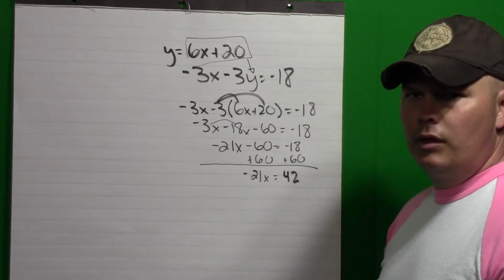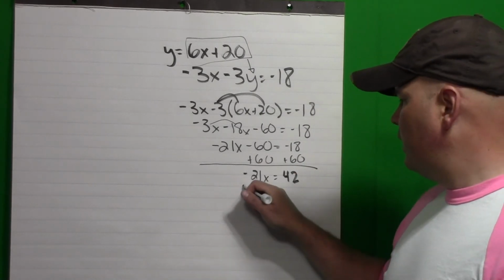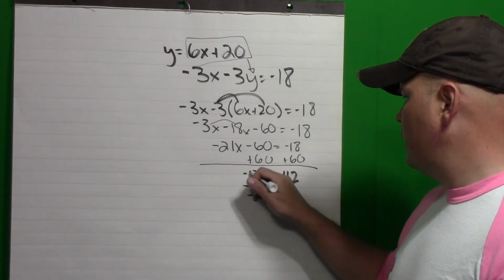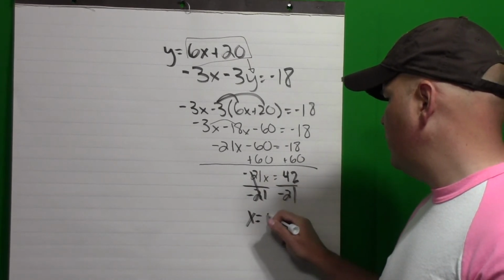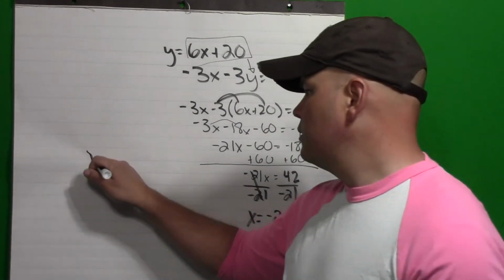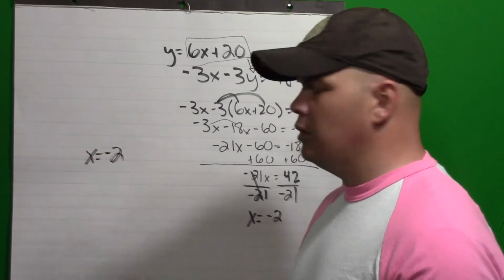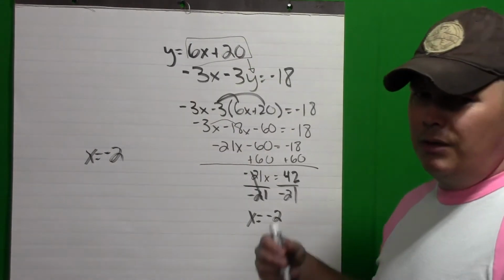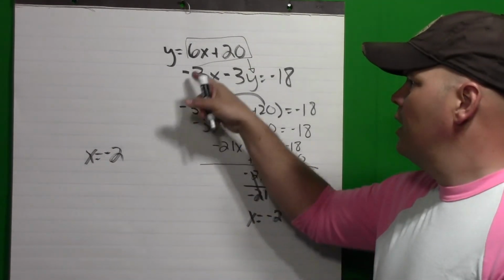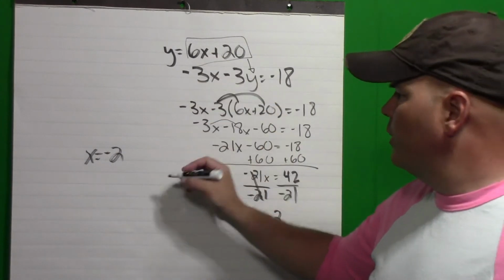42. Okay? Now I'm not quite done yet because I still have that -21 to deal with, so I'm going to divide both sides by it. And I get x equals -2. So there's my x equals -2. And the next thing I need to do is just plug it back into my equation. Now it doesn't matter what equation I plug it into. It's always easier if you choose the slope-intercept one.